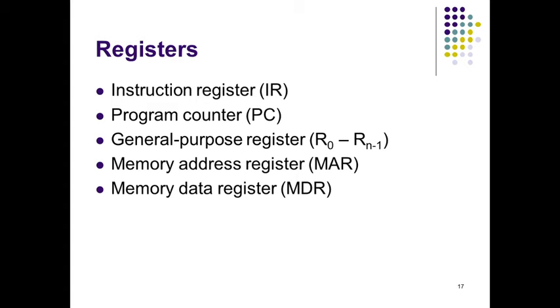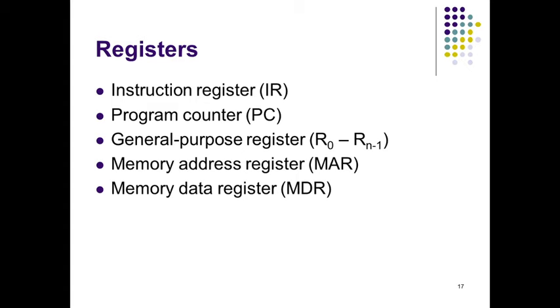During the execution of an instruction, the contents of the PC are updated to the address of the next instruction to be executed. So it is very important to say that the PC always points to the next instruction to be fetched from the memory.